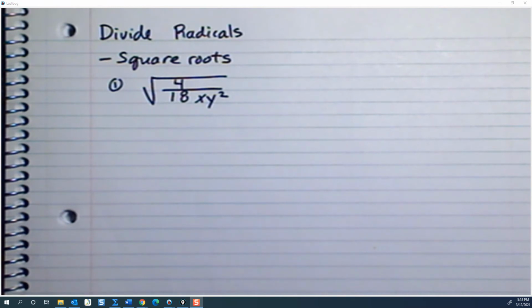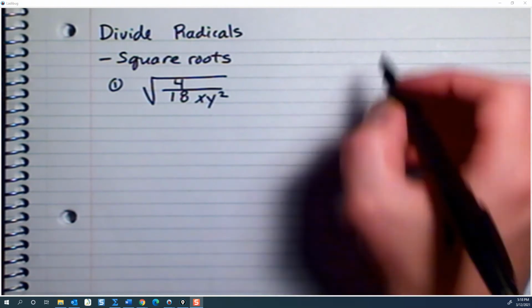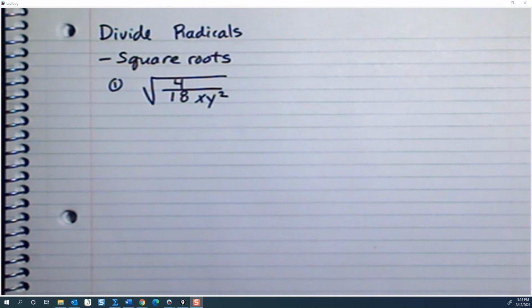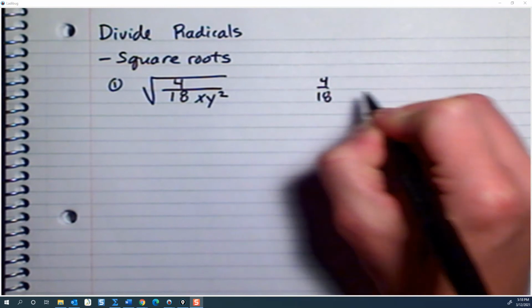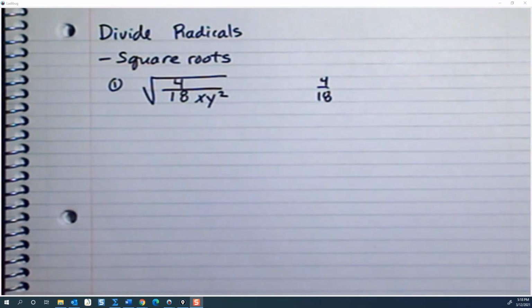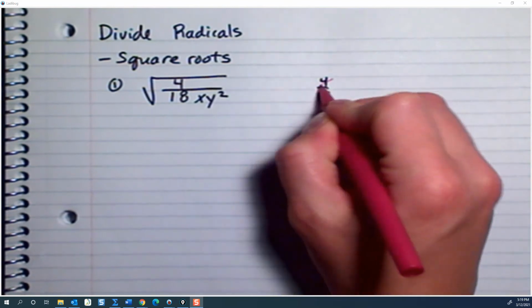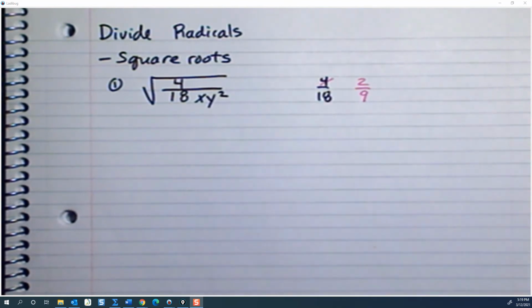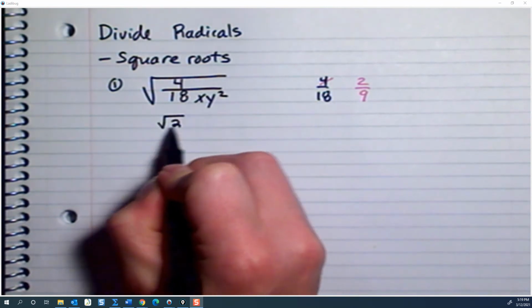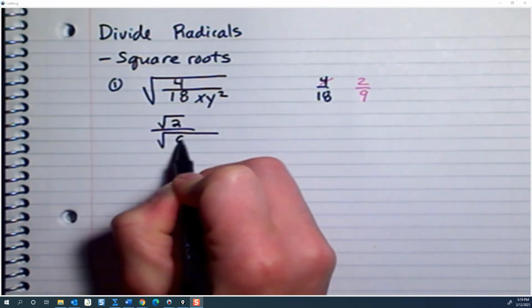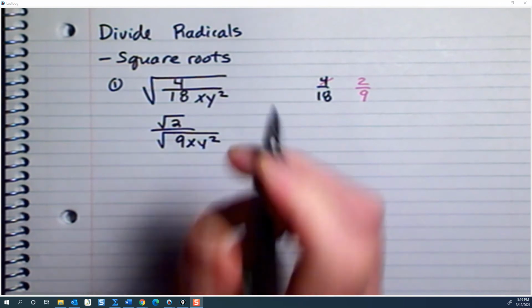And the first thing I notice is that I can simplify, because I see 4 and 18, and so I am going to reduce. That's the only thing that I can notice that is going to reduce. So that goes to 2 and 9. All right. So now we get square root of 2, square root of 9xy squared.